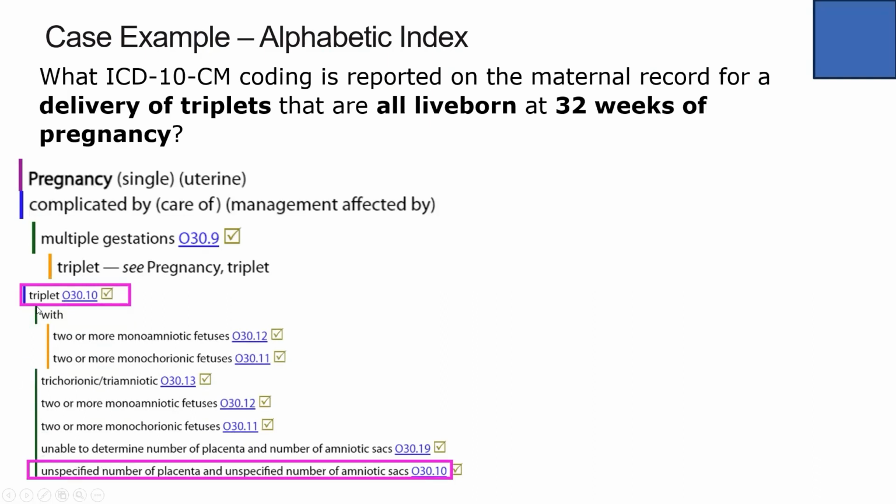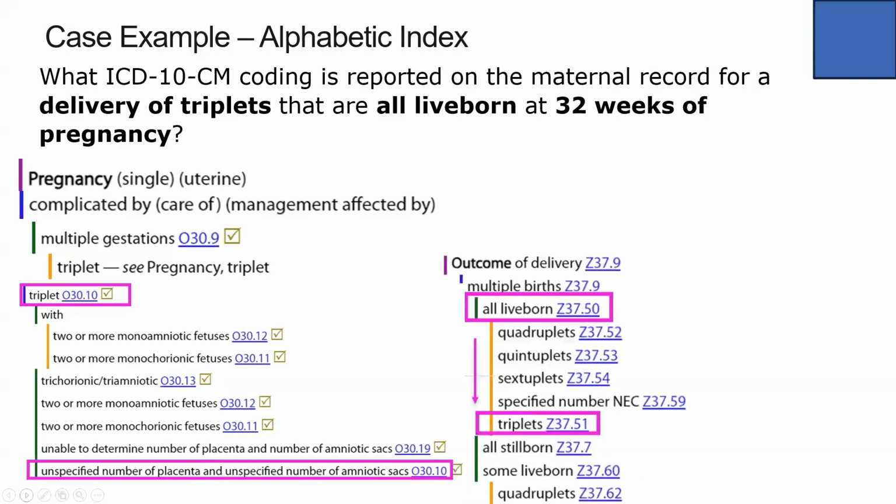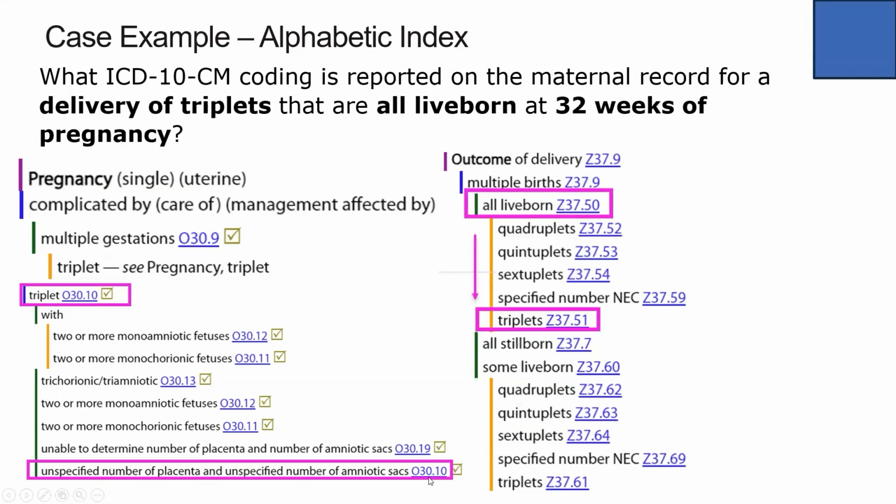Under triplet, we have some options here. We don't have any of this additional information, so we're going to scroll down and use unspecified number of placenta and unspecified number of amniotic sacs. That's going to take us to O30.10. We definitely have a check mark here, so we know we're going to have some further digits, but we're just going to make note of that.